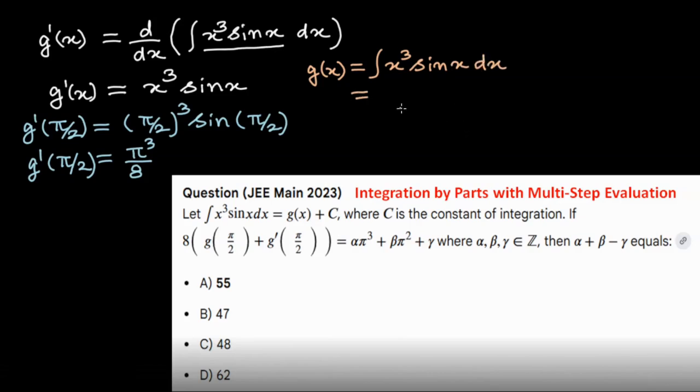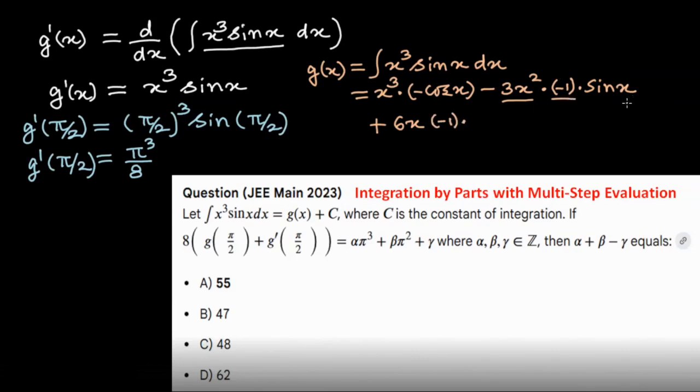By applying integration by parts repeatedly, first function x cube into integration of sin x, minus cos x, minus derivative of x cube, 3x square, into minus 1 into integration of cos x, sin x, plus derivative of 3x square, 6x, into this, minus 1 into integration of sin x, minus cos x, minus derivative of 6x, 6, into this, minus 1 into this, minus 1 into integration of cos x, sin x.